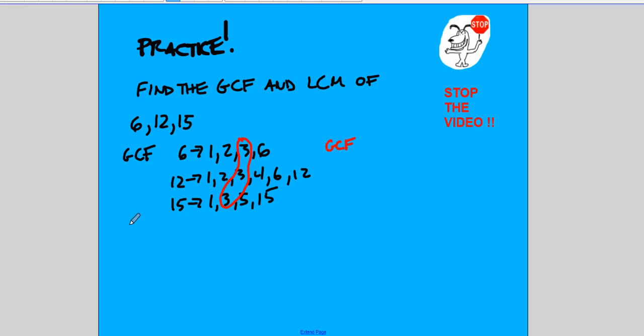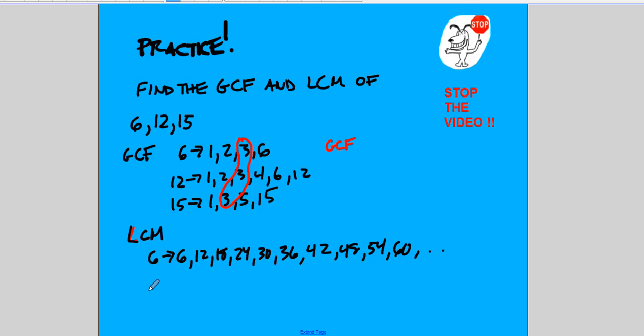So the long way to do the least common multiple is to literally list all the multiples of all these numbers. Let's list the multiples of 6, so start with 6. You've got 6, 12, 18, 24, 30, 36, 42, 48, 6 times 9 is 54, then 60, etc. For 12, we've got 12, 24, 36, 48, and 60, so there's a possibility there.